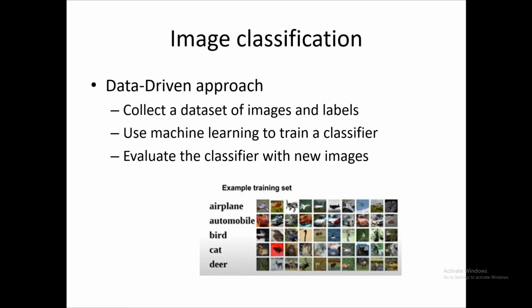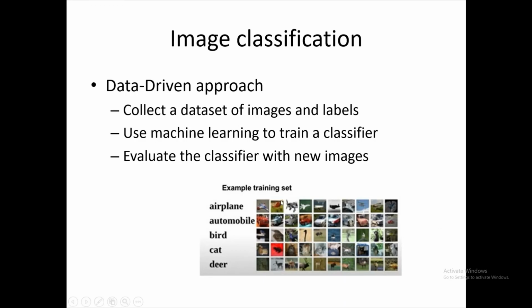That is, we collect a dataset of images and labels, and we use machine learning to train the classifier, and we evaluate the classifier on new objects with no labels. Here we can see an example of a training set.